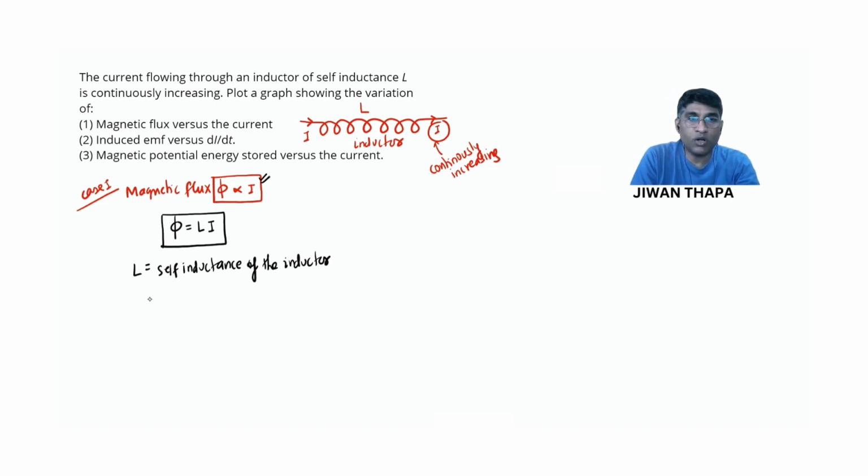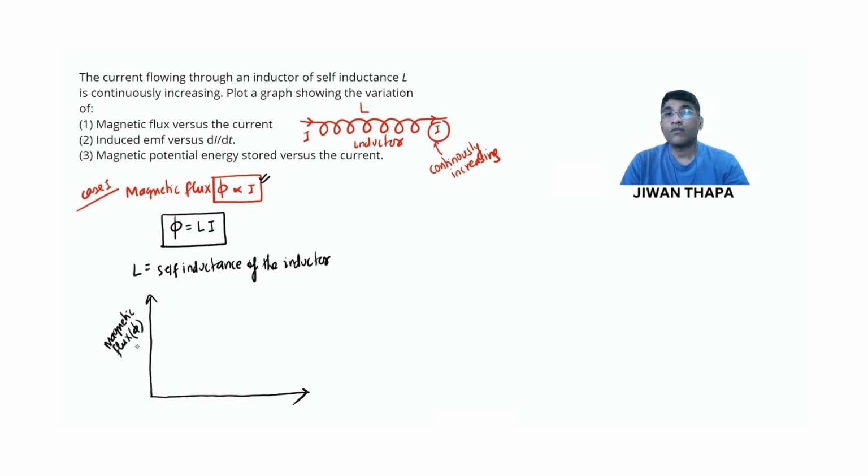So for the plot of magnetic flux and current, magnetic flux phi is taken on the vertical axis, and current I is taken along the horizontal axis.